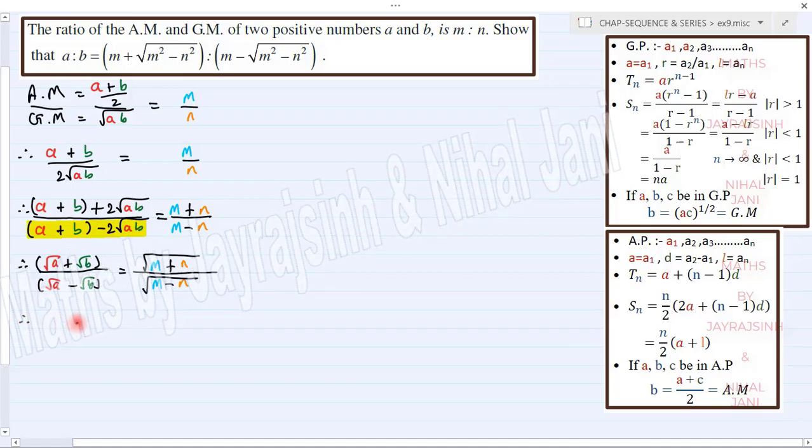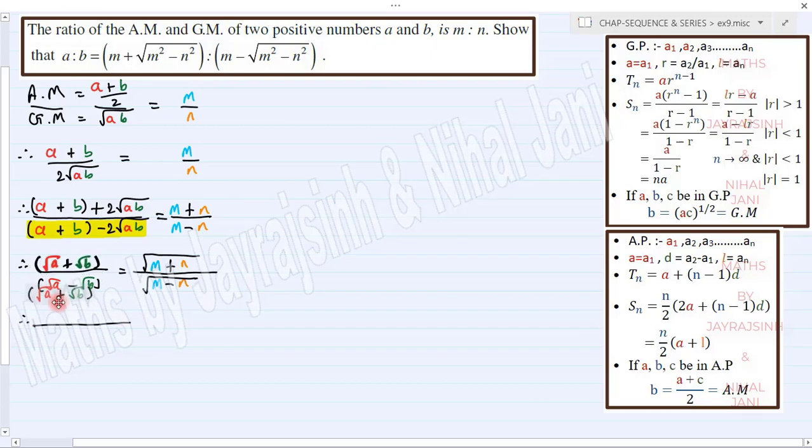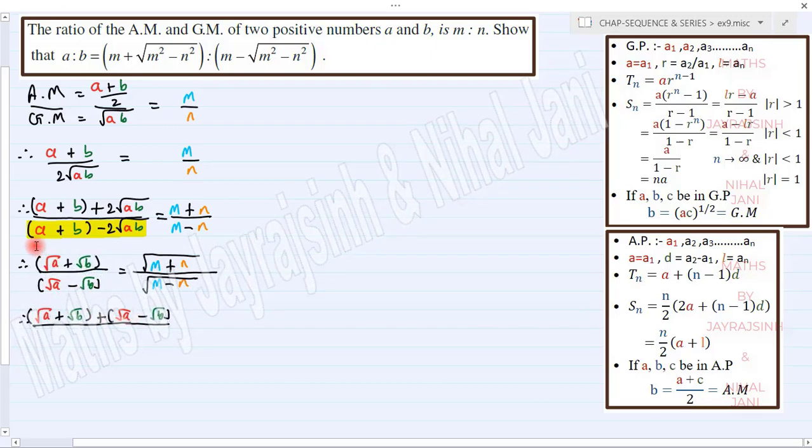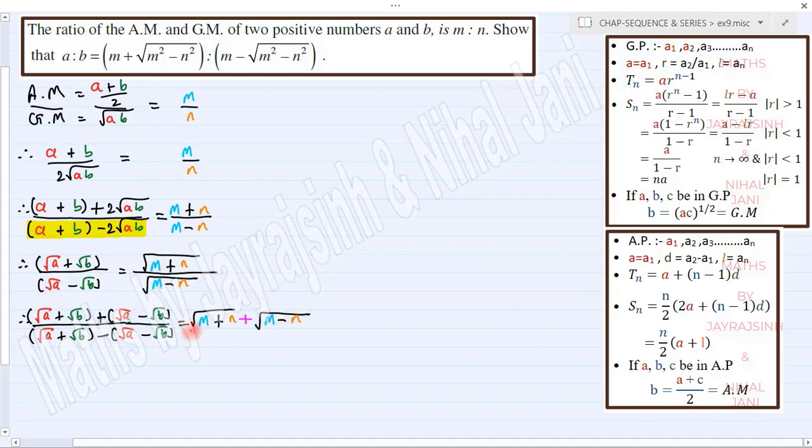And to separate root a and root b, we have to take componendo dividendo again. So, let's do it. In the numerator, we take numerator plus denominator, and to form the denominator, we take numerator minus denominator. Similarly, we will form the right hand side.